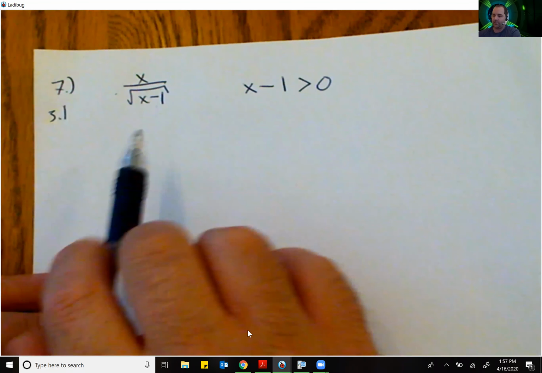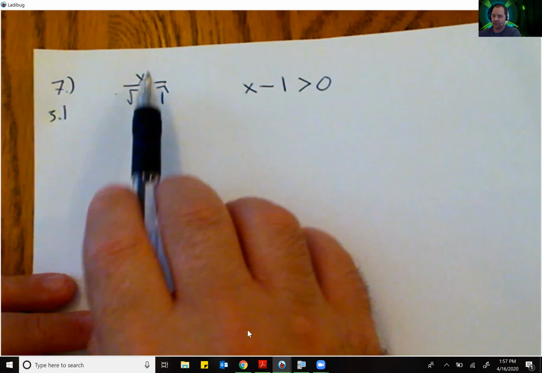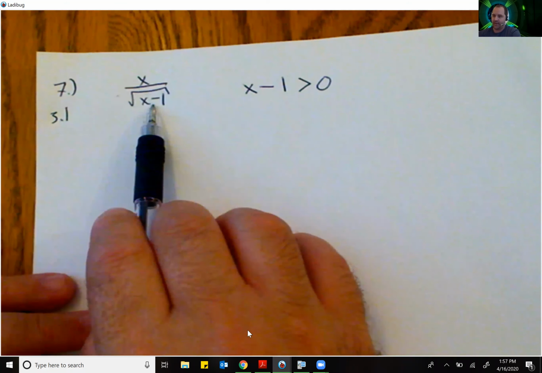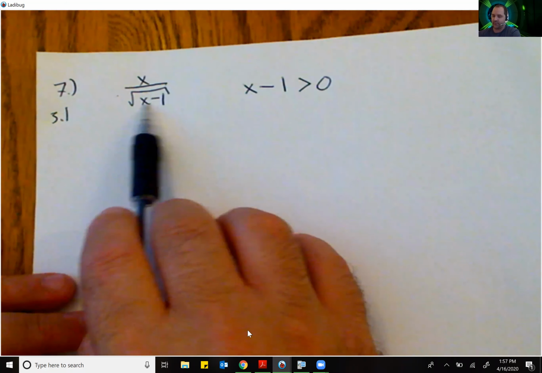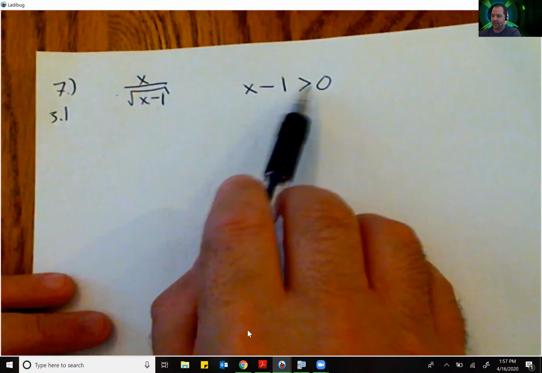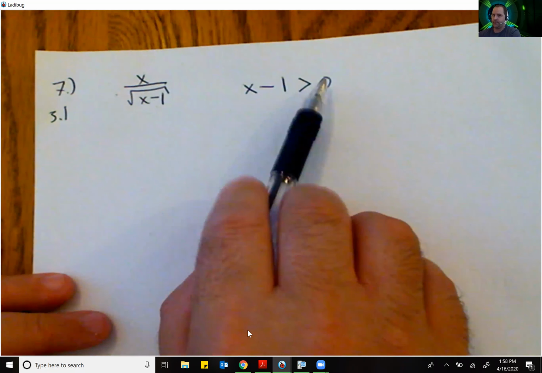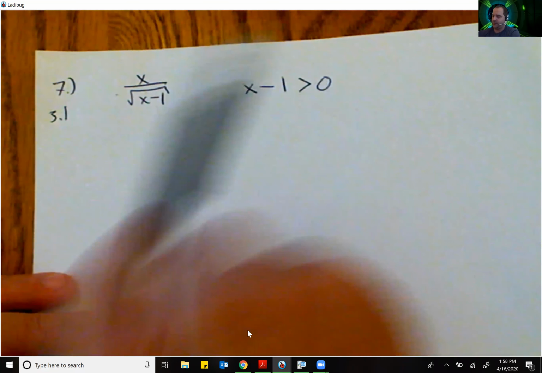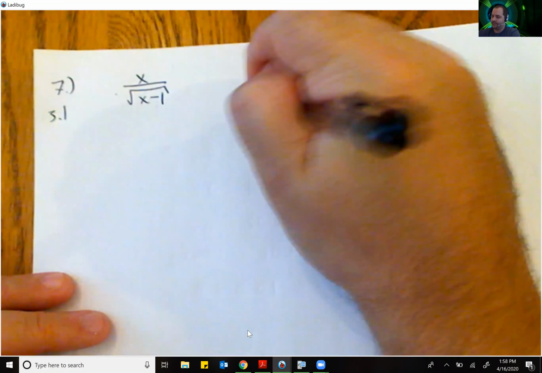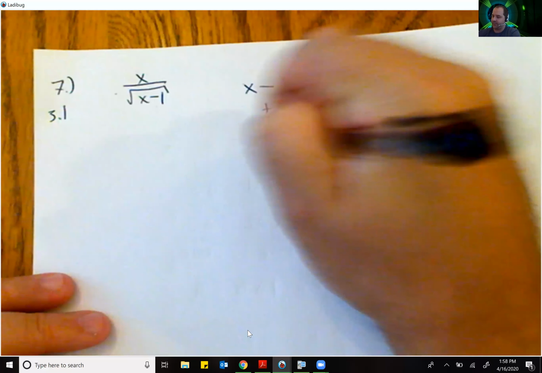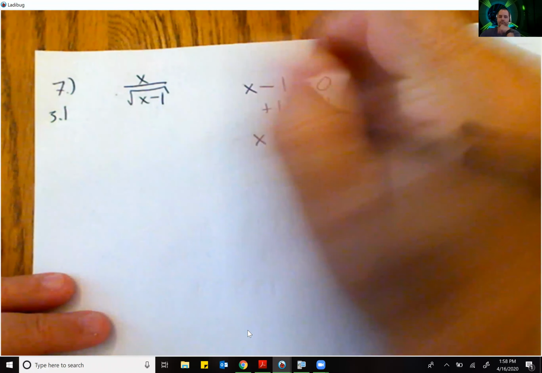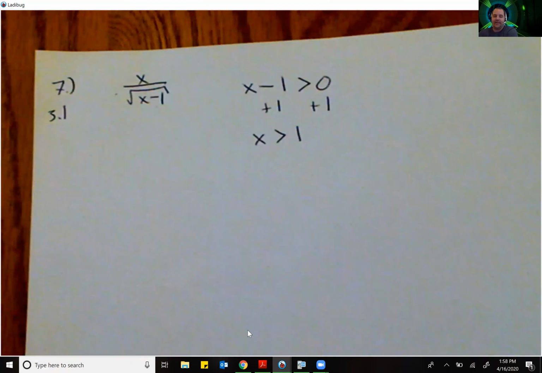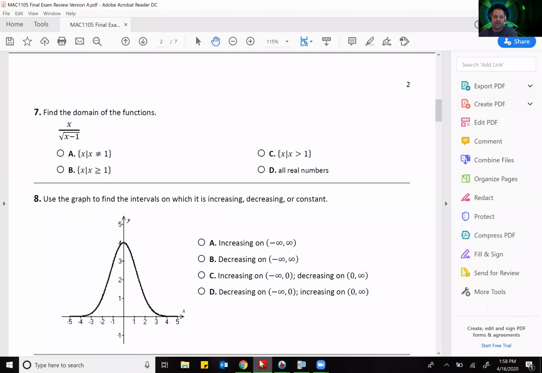Anytime you have a radical in the denominator of a rational and you're looking for the domain, take the piece under the radical and set it greater than 0. And all we've got to do is solve. So add 1. X is greater than 1. And we like this answer. Set notation is what they want.